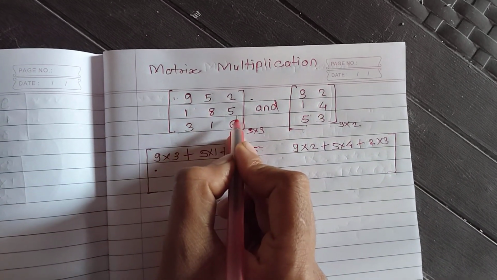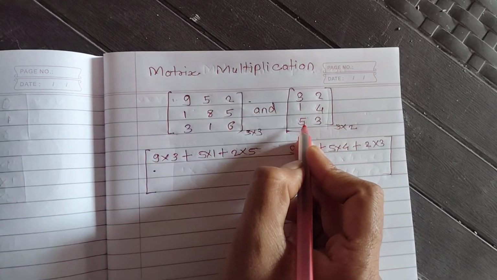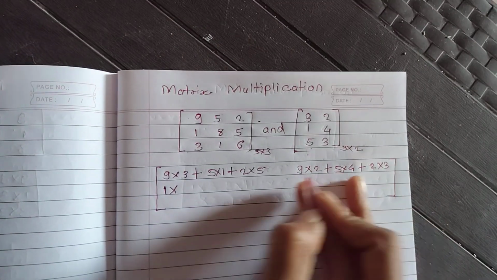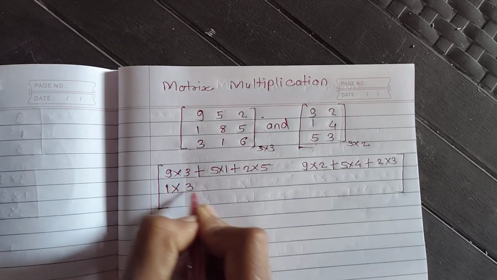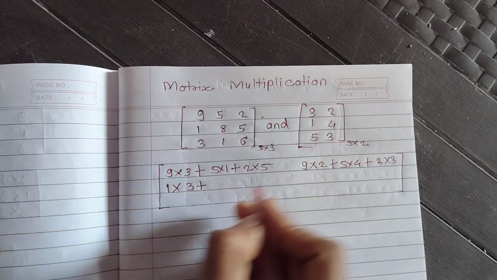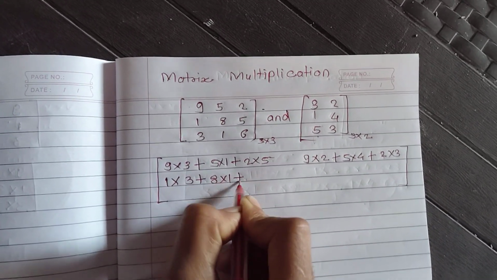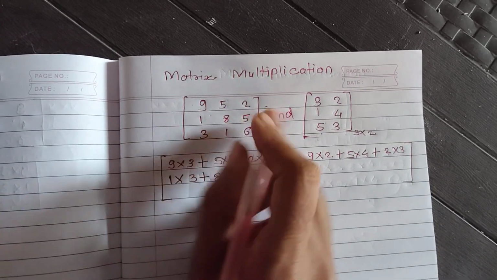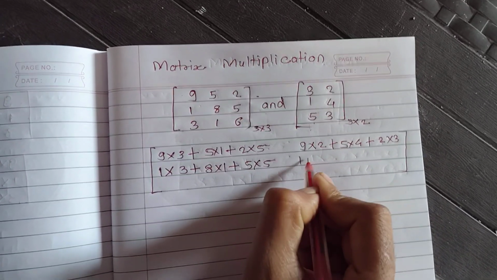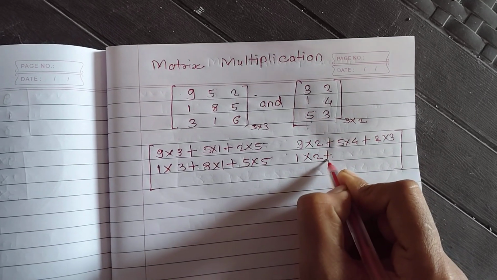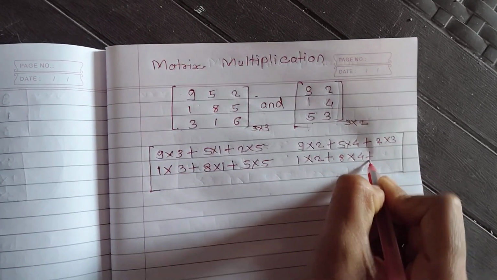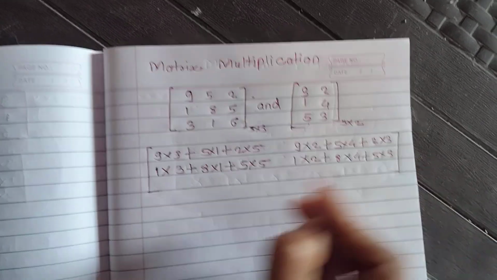Now the second row of the first matrix and the first column of the second matrix is multiplied. So 1 into 3 plus 8 into 1, plus 5 into 5. So second row and second column, 1 into 2 plus 8 into 4 plus 5 into 3.